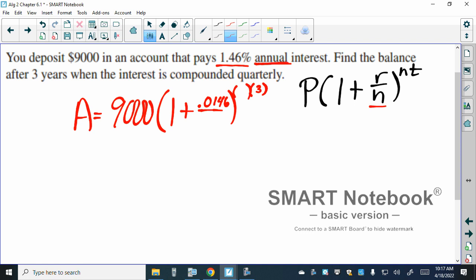I wanted to grab it from here, but this is not it. When the interest is compounded quarterly, if I can finish reading the sentence. Quarterly is every what? 4. Quarter? 4. Sorry about that.